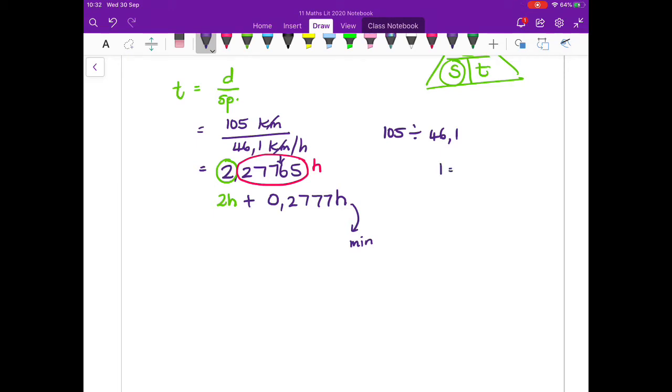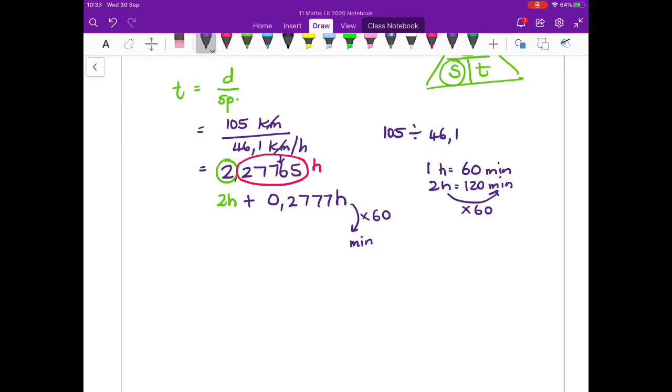And if you are unsure, you say 1 hour equals 60 minutes. 2 hours will equal 120 minutes. So what did I do to the hours to get minutes? I multiplied by 60.